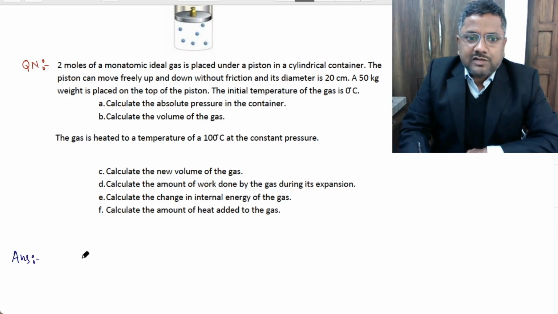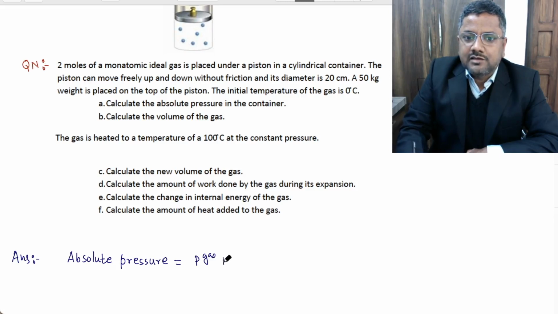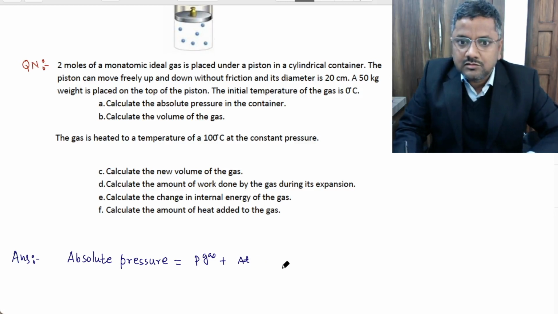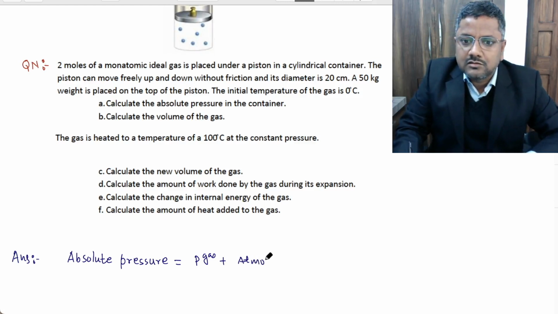So the absolute pressure is equal to the pressure of gas plus atmospheric pressure, right?